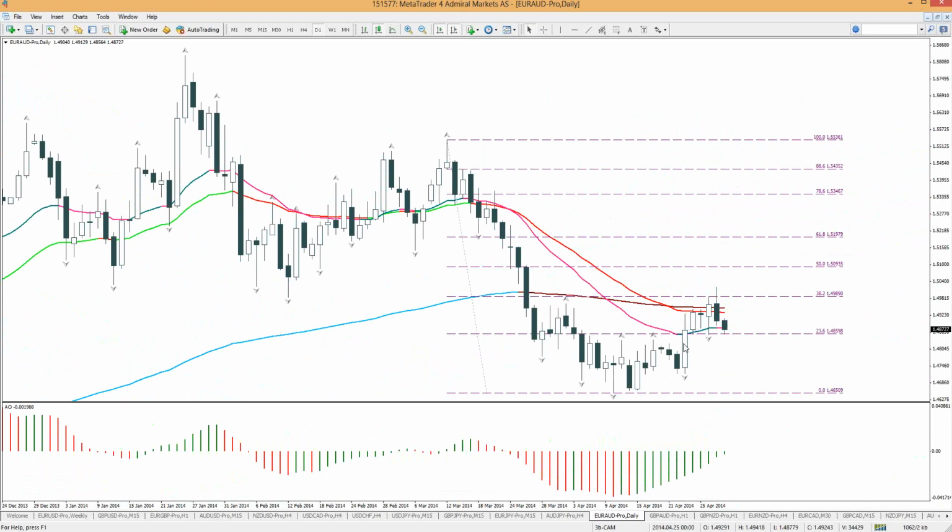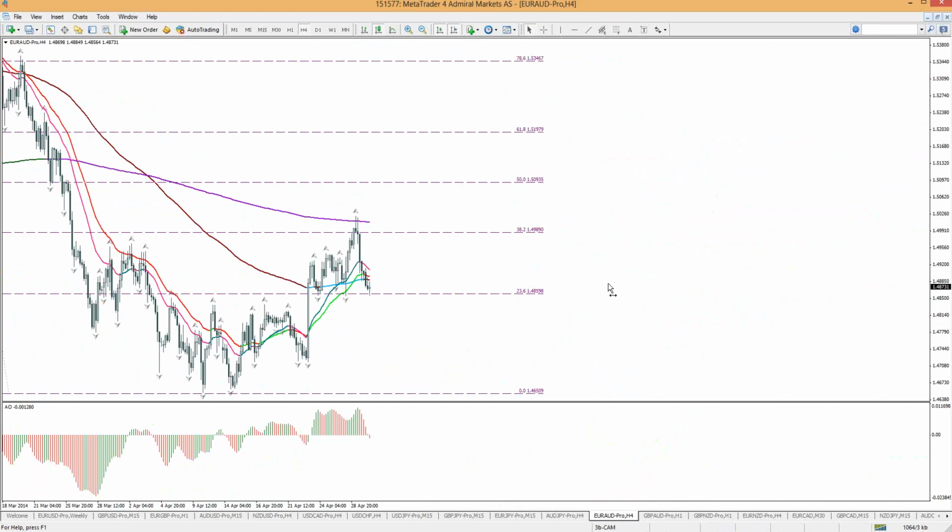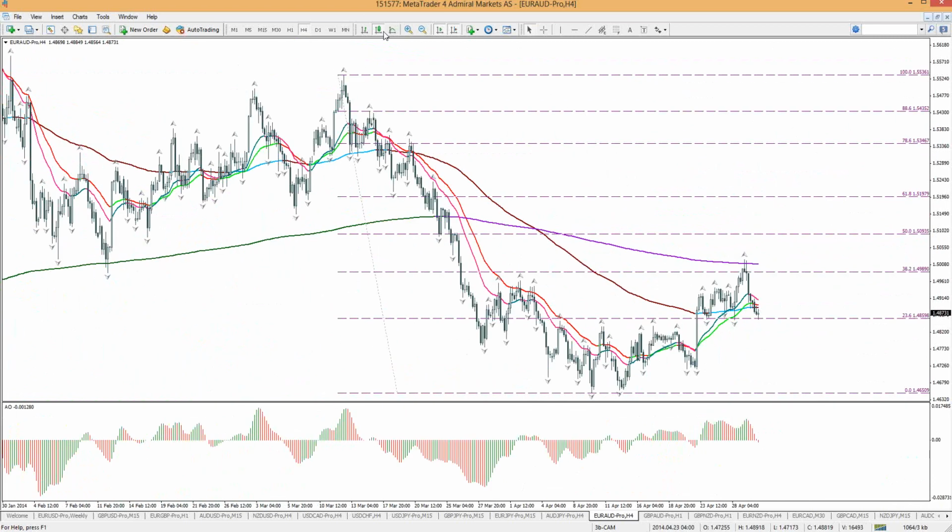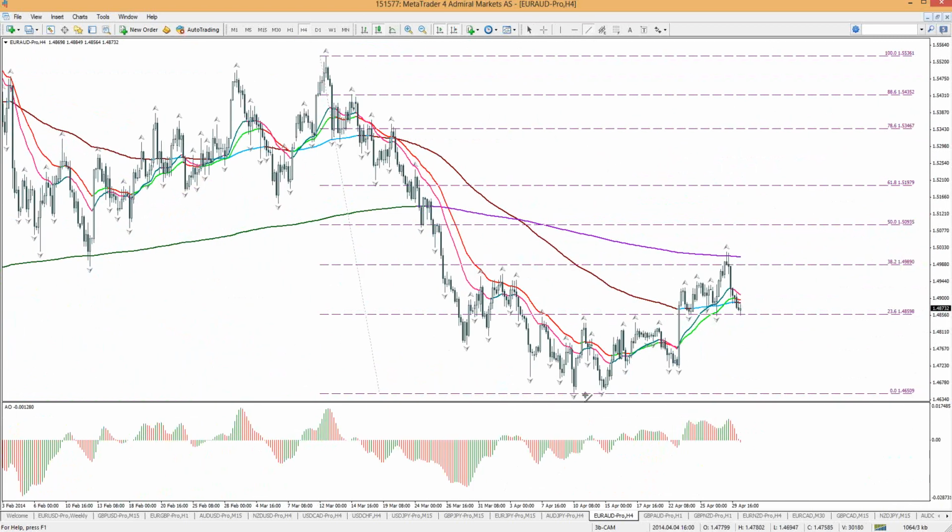Moving averages are totally flat. There's not really a good trend line. There's a trend line that can connect these bottoms, but that's far away from now. There's a trend line that can connect these bottoms maybe. That's a horizontal trend line.